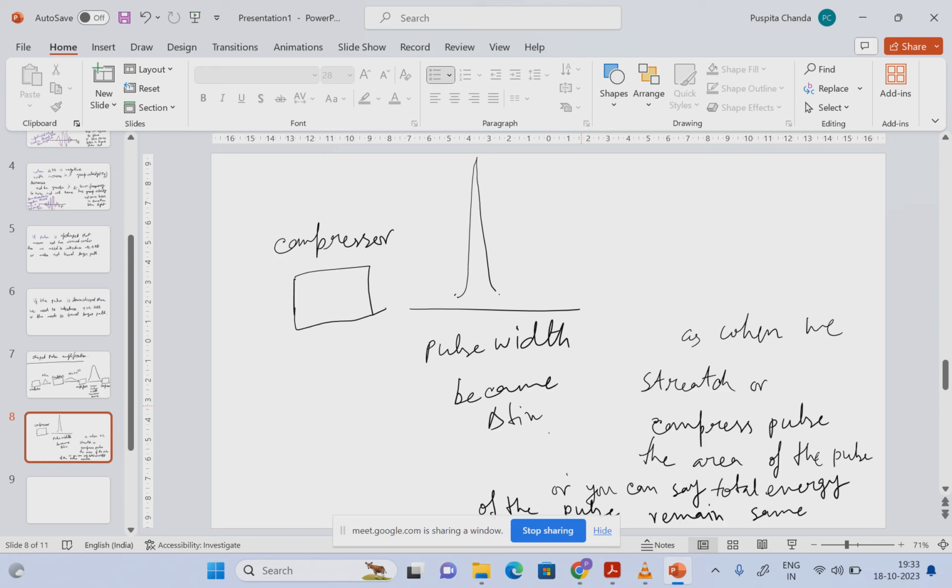So here we decrease the pulse width, so its height will increase, and that is why sharp pulse amplification is done.